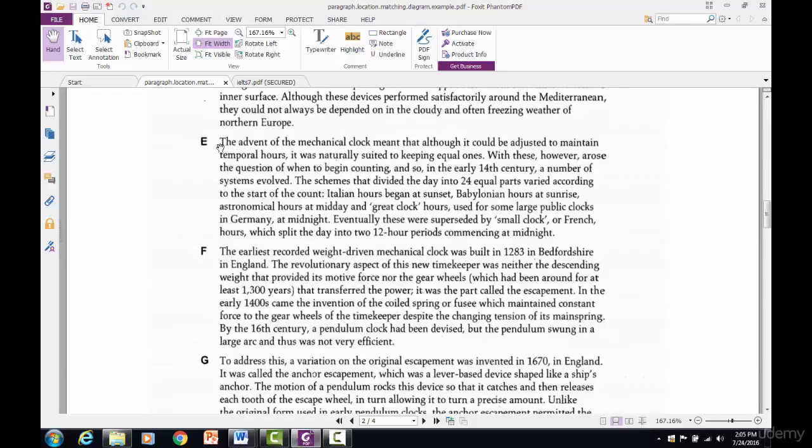Right? Equal means uniform, equal hours. So a lot of times when you're doing a paragraph location question, if you're a little confused, it can be helpful to look at your topic sentences, because your topic sentences in general tell you what a paragraph is about. And so if you look at your topic sentences many times, you can get an idea if that paragraph has the information that you're looking for in a paragraph location question. Okay? All right, so that's for that.